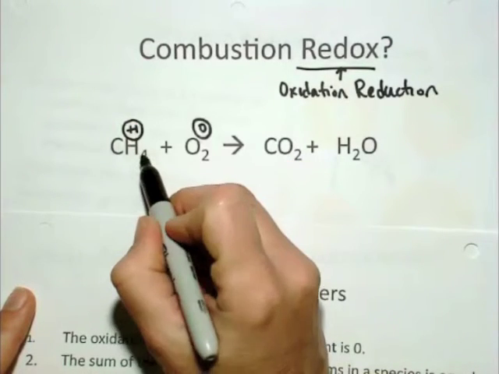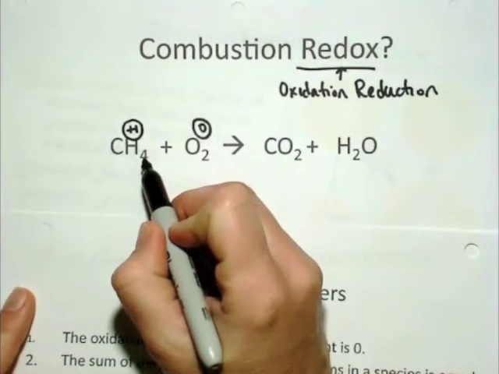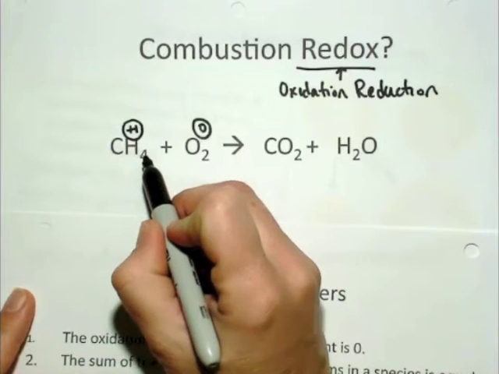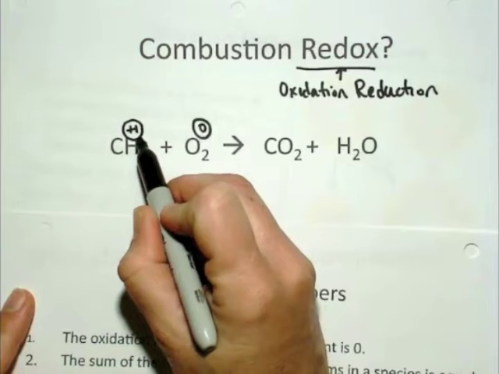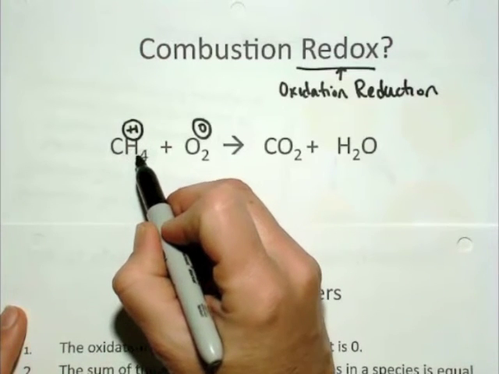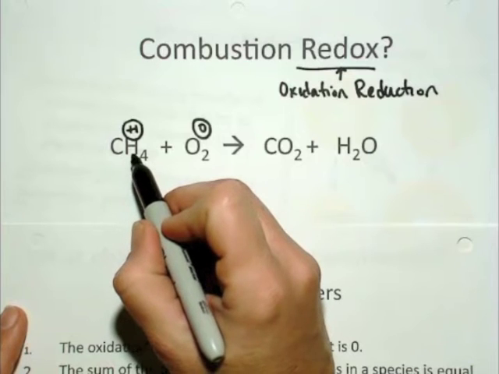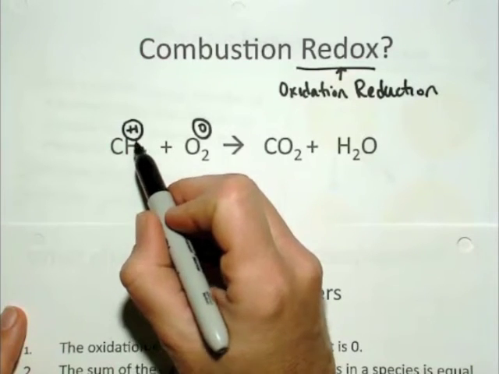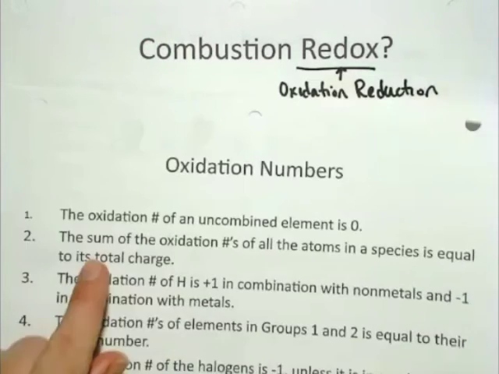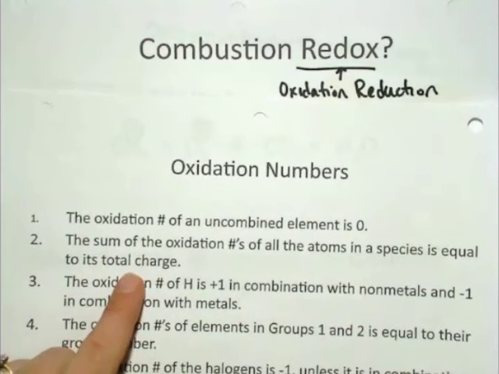Now there's 4 of them. So when we go to see what the oxidation number of carbon is, we have to recognize that there are 4 hydrogens with +1 charge. Now carbon can have a lot of different oxidation numbers. It depends on what it's paired with. In this case, it's paired with 4 hydrogens. And the rule is that the sum of the oxidation numbers of all the atoms in a species is equal to its total charge.